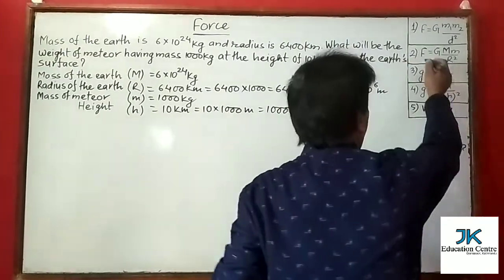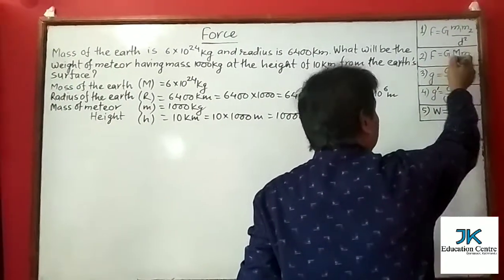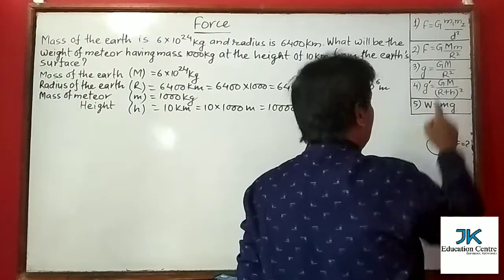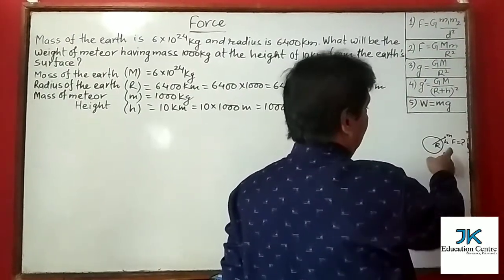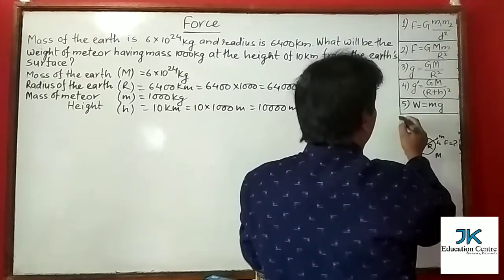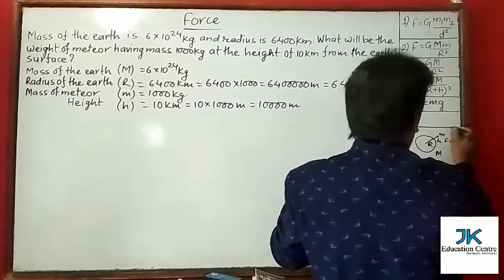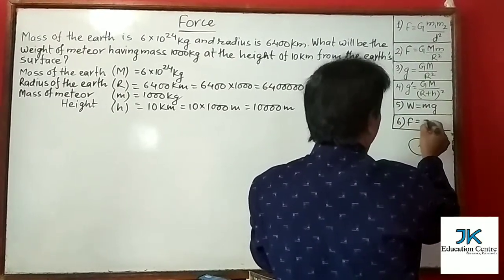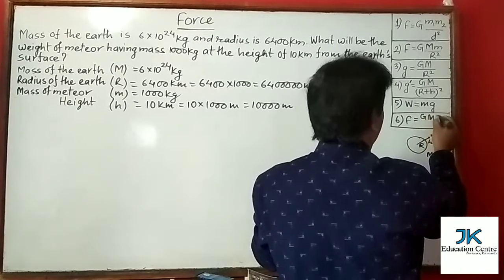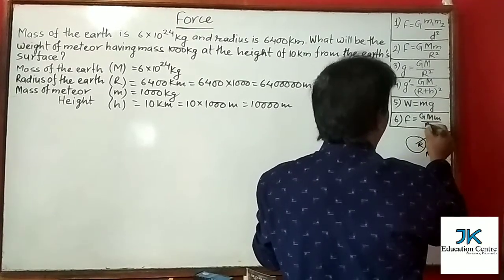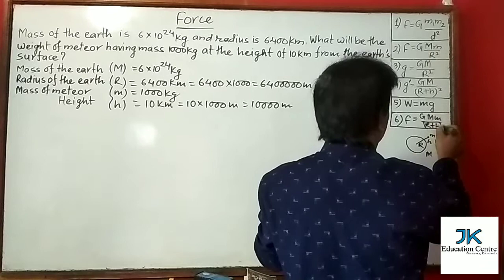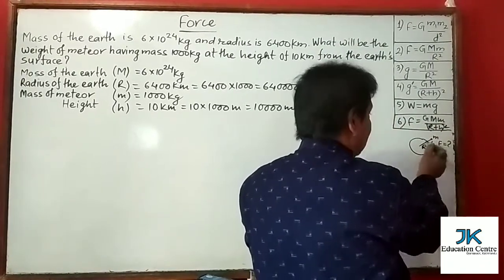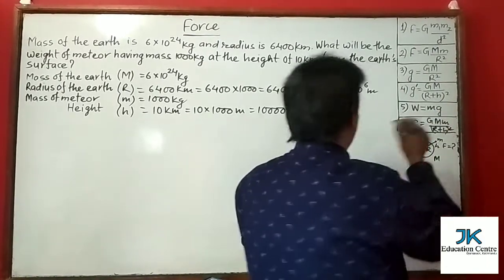I will say F is asked, capital G we know, capital M is given, small m is also given, and R is also given, but an extra height is there. That's why we can create another equation. This is the 6th equation, in which F equals G capital M small m by R plus H whole square. Now we are going to calculate this force of attraction, that is the weight of this meteor.